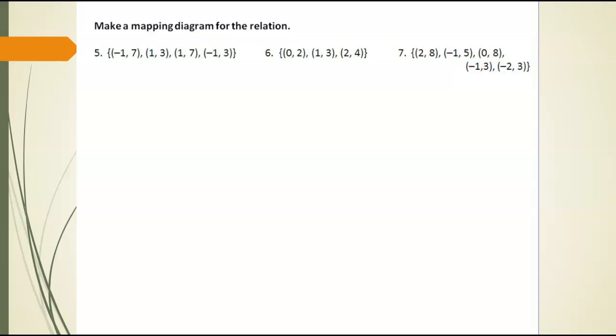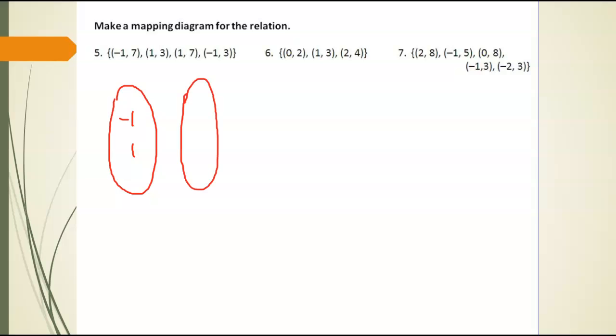Okay, the second type of relation we have is a mapping. I talked briefly about mappings in chapter 0. A mapping is where you take a set of ordered pairs and we create bubbles where we map the domain to the range. So the first thing we're going to do to set up our mapping is create the domain. Our domain consists of -1 and 1.